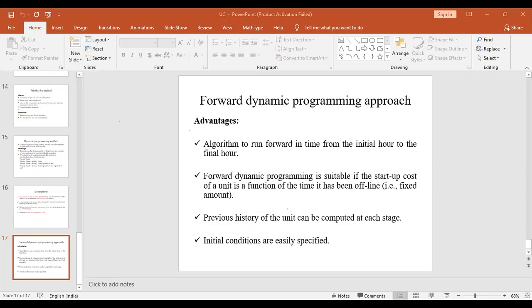This is a simple formula used for calculating the economic load dispatch considering the losses, and these losses are subjected to the Lagrangian multiplier lambda.